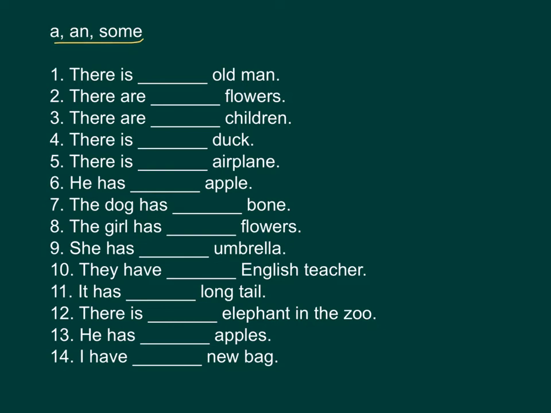So number 1, there is old man. When we see man here, it means one guy who is male, right? If two guys, then it will be men. So it hides the meaning that we should choose a or an instead of some, right? But what would we use, a or an?